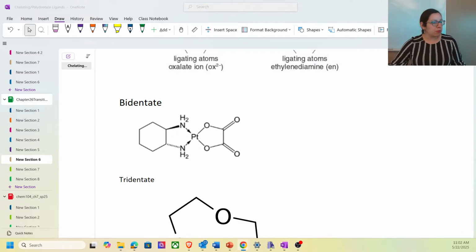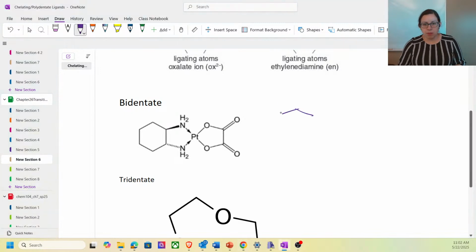Just trying to pull up some more publications. But obviously this framework is popular, again, this bidentate. Sometimes you also see it, because this is a cyclohexane backbone, but you'll also see it with just the phenyl ring backbone.